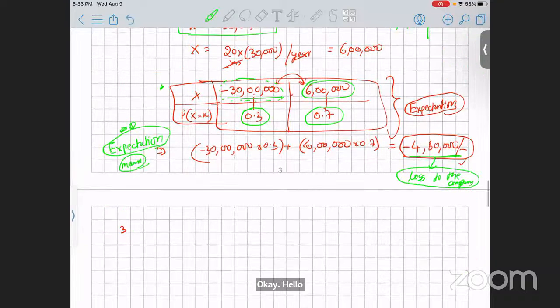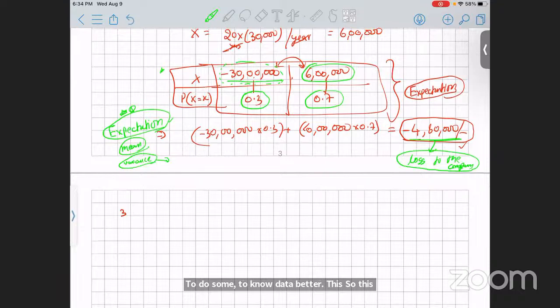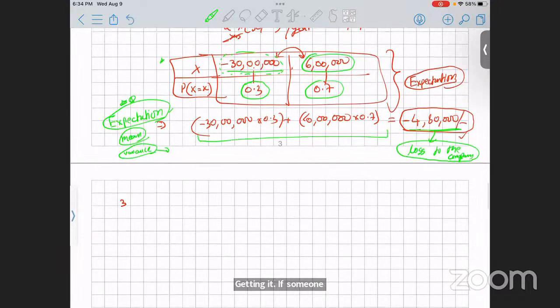Look, there is something known as expectation and variance. These are statistical tools that you can use for comparison, to know the data better. This expectation will help you understand what the average is. If someone asks you what is the expected profit, it is the average profit.